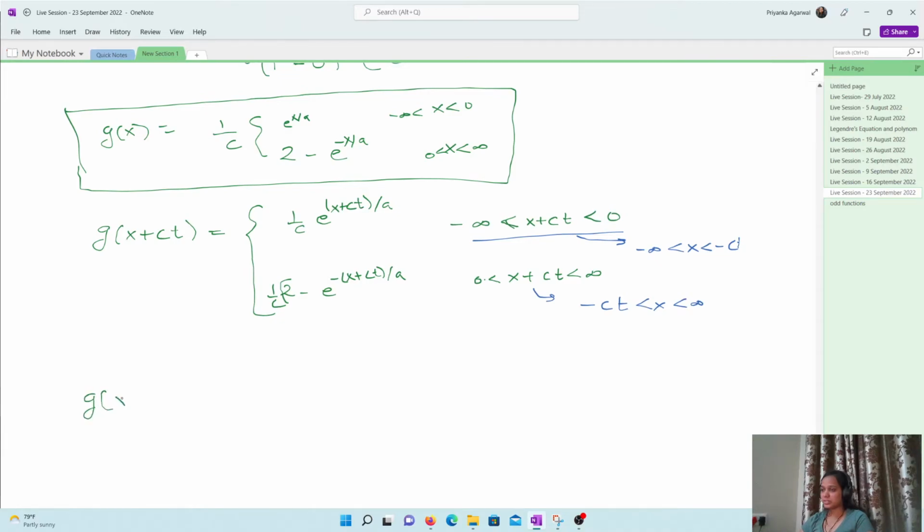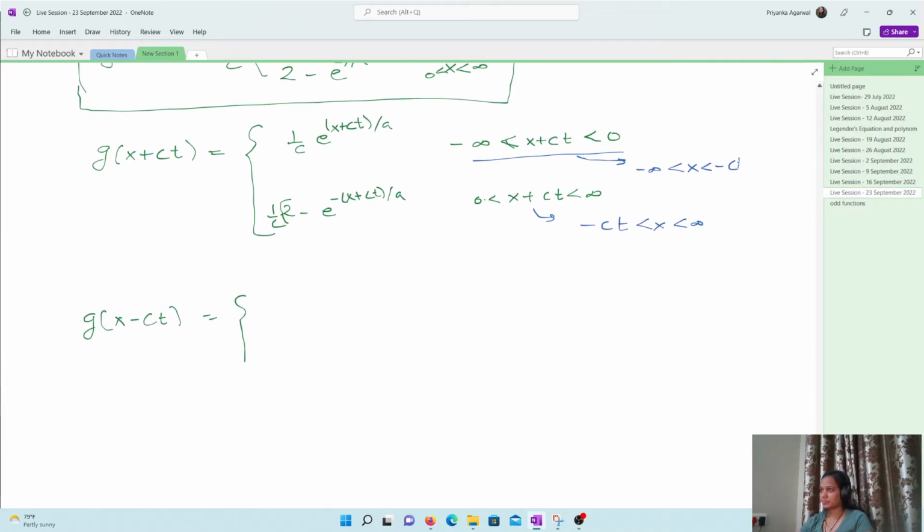Similarly, what we can write for x minus ct is 1 by c e to the power x minus ct over a, where now x minus ct lies between 0 and infinity. And similarly, we have this 1 by c, 2 minus e to the power minus x plus ct over a, for x plus ct.